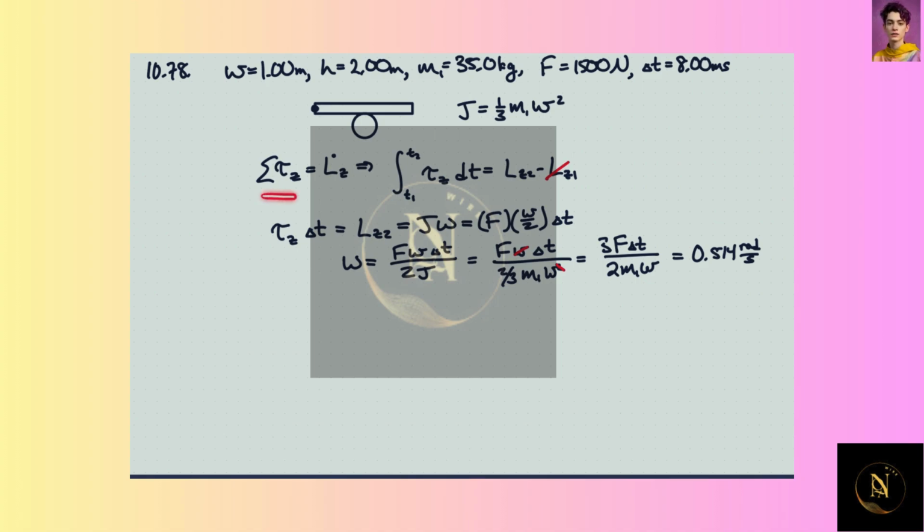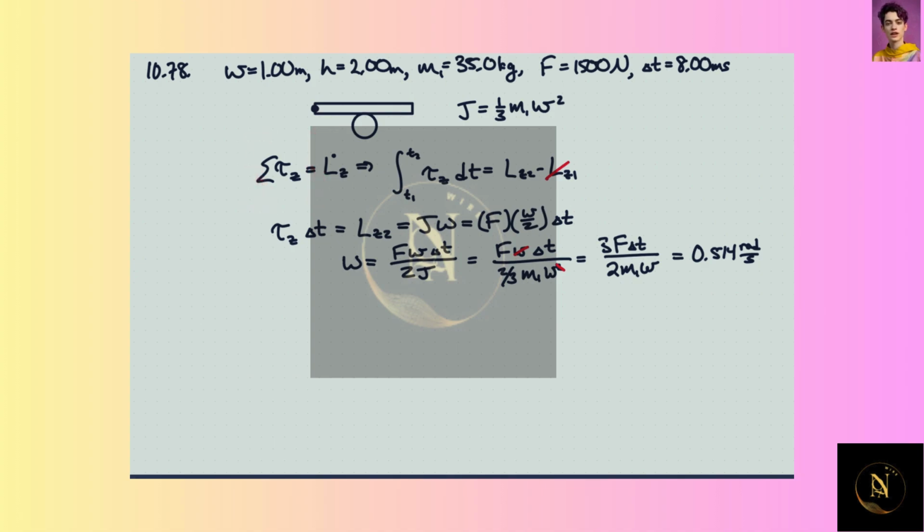Now our moment balance says that the rate of change of the angular momentum about the z-axis, which is out of the page here, is equal to the sum of all the torques about the z-axis. Well, we can integrate that from one time to a new time.